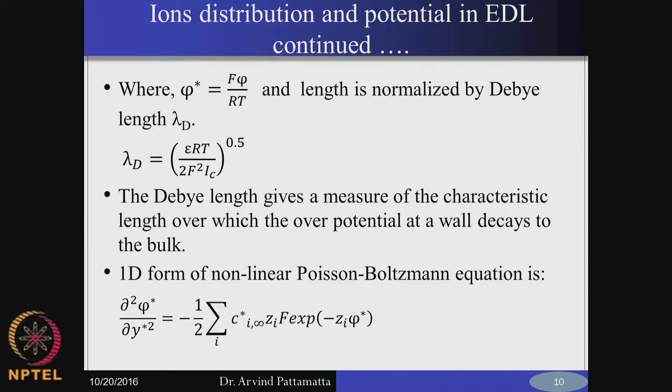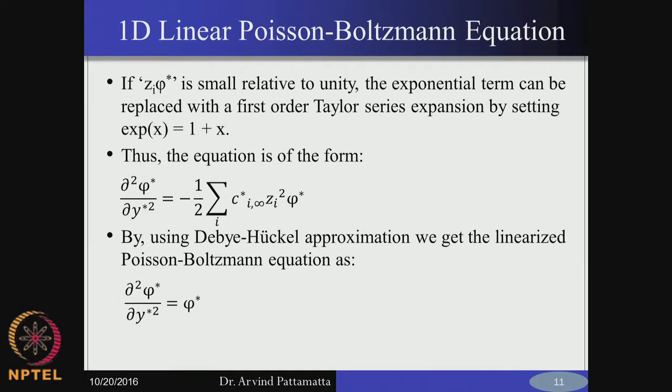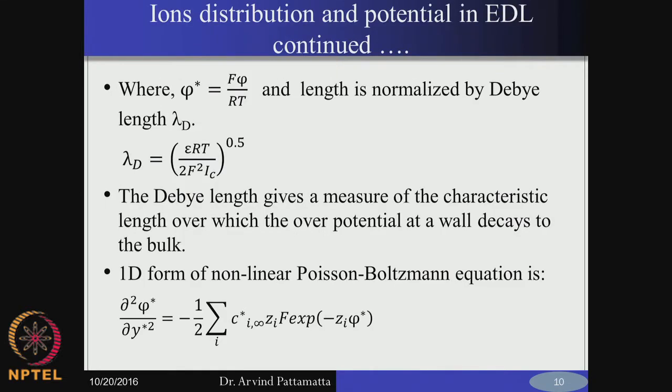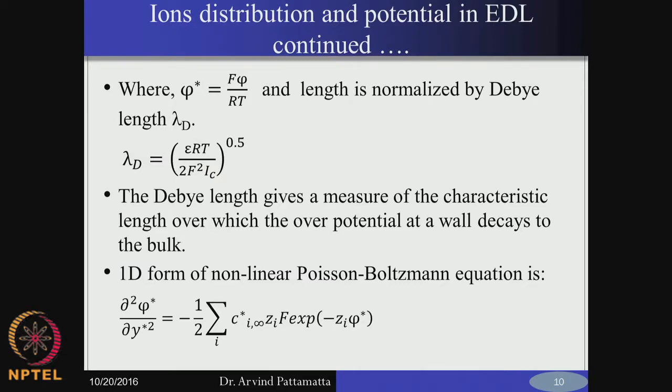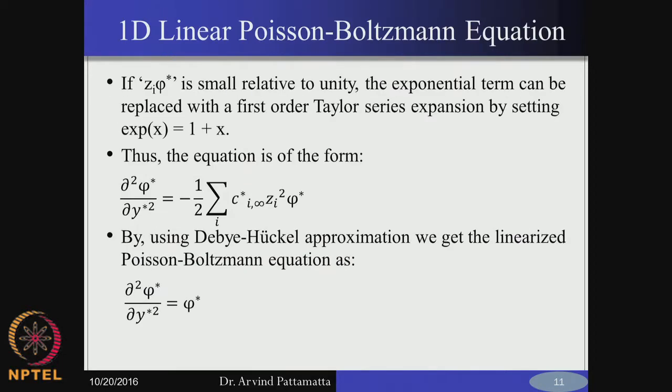to this particular form. You have Zi square phi star, so we have Ci C star, we have Zi square.